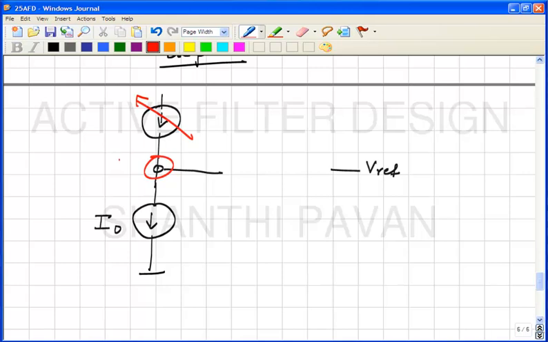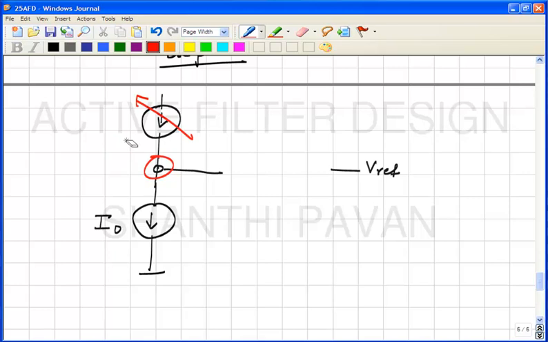If this potential is rising, what does it mean? The current being pushed into the node is higher than the current being pulled out. On the other hand, if this node potential is falling, it means that the push-in current is too small and must be increased.